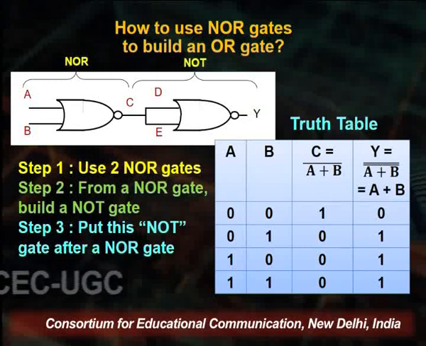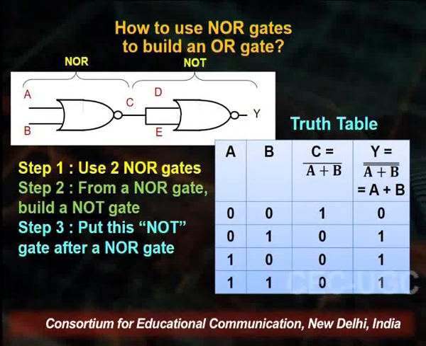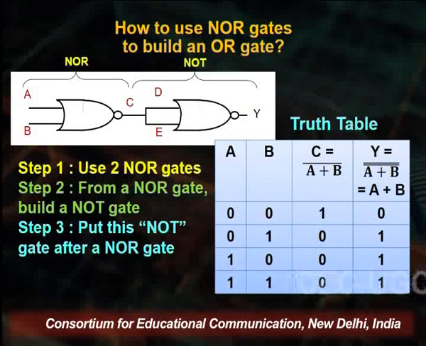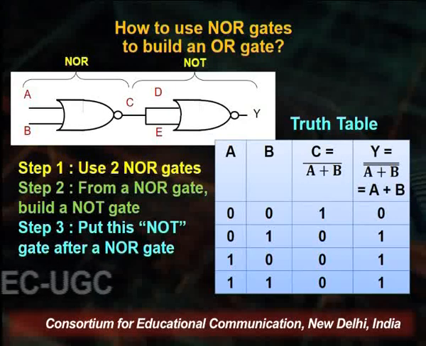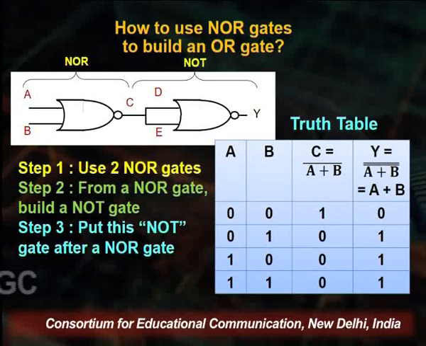In the first NOR gate, we have the inputs A, B, and its output is C, which goes to D and E simultaneously, that is, the output of the NOR gate is fed to both the inputs D and E of the next NOR gate. Effectively, D and E are shorted and connected to the output C of the previous NOR gate.